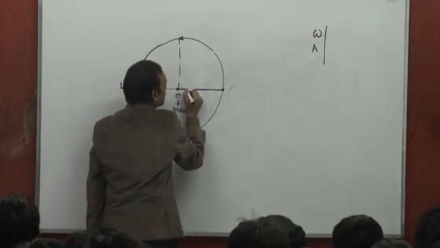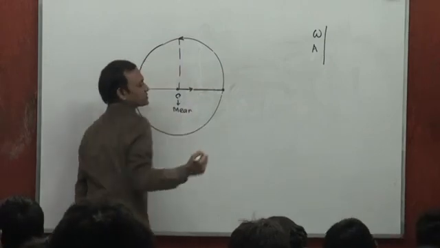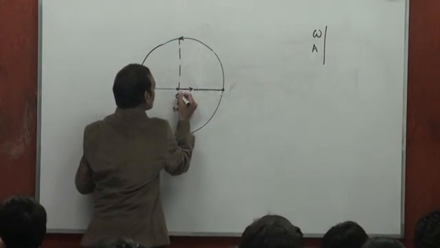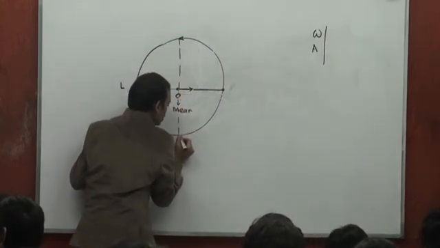And the oscillator is heading in the rightward direction. So what about the corresponding point on the auxiliary circle?